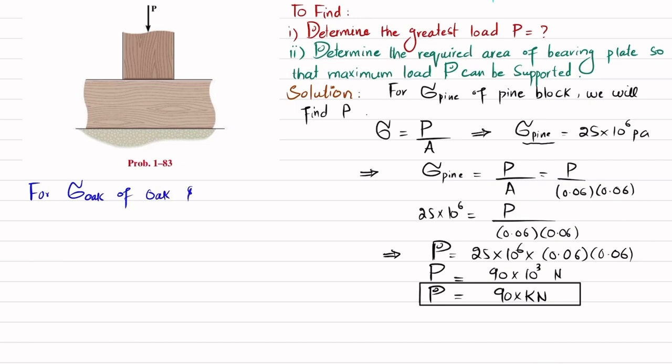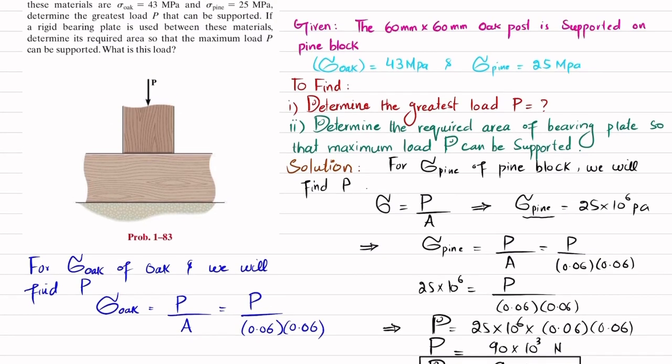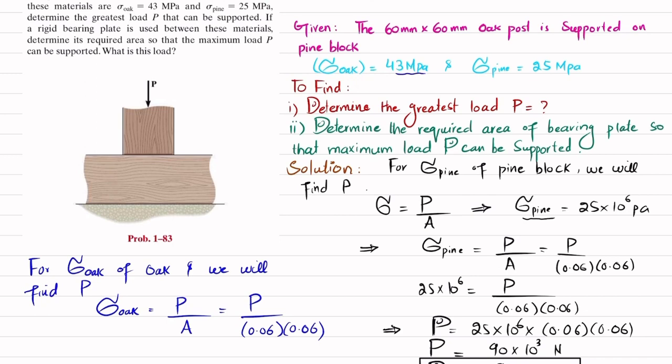So the allowable bearing stress of oak is equal to load per unit bearing area. The load is not known, and the bearing area will be the same, 0.06 multiplied by 0.06, and the allowable bearing stress of oak is 43 megapascal.